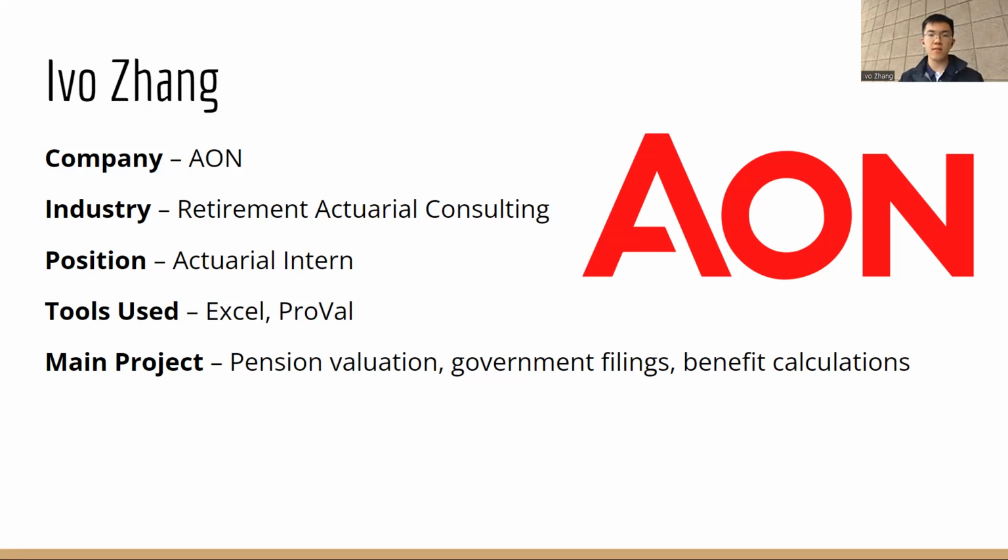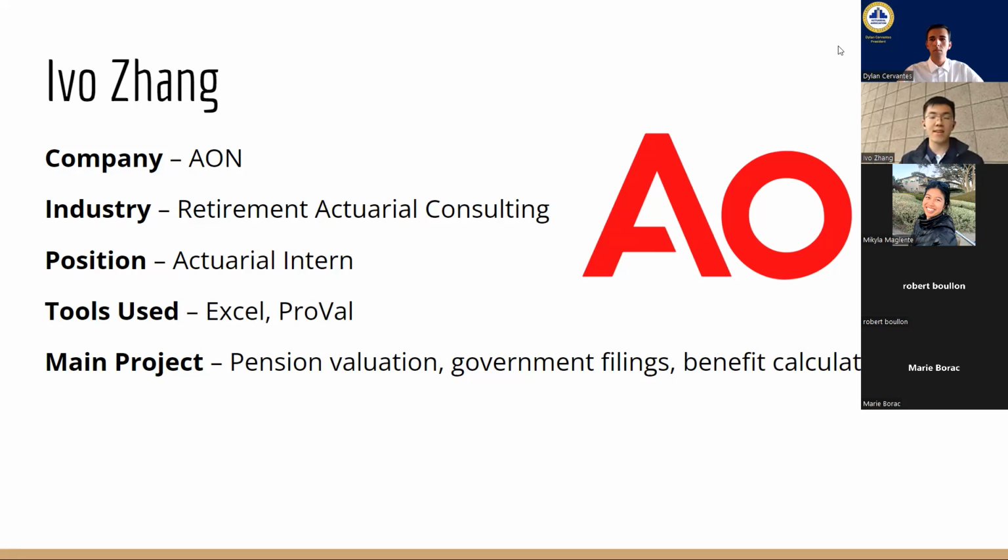And this transition has a critical element in it, that is DC plans generally don't require actuarial service. So some are saying that this trend is putting pension actuaries out of business.